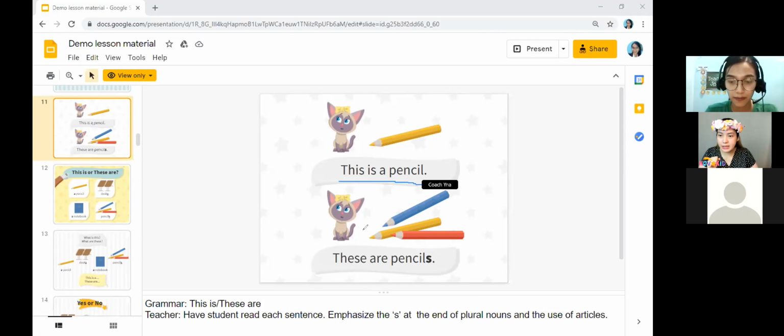If the student is, for example, really struggling, do not introduce another vocabulary because if this one di niya pa magets, why would you introduce another one? Pero kung sakali naman na dun sa first few slides, kita mo na na-mastered na niya tong pencils and notebooks, that's the time that you can use other classroom items, strictly items that are related to the lesson material lang, yung pwede nating i-add.